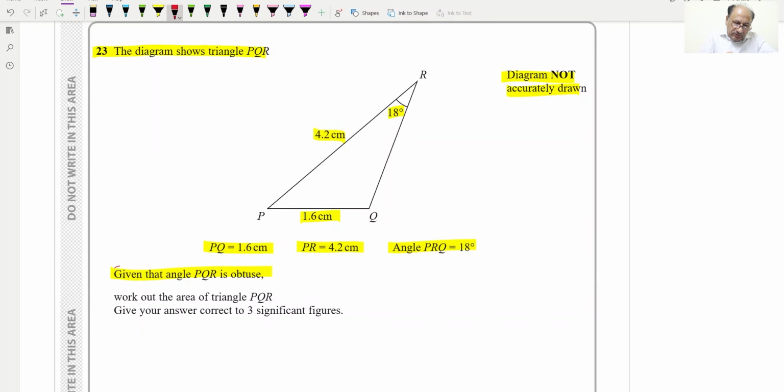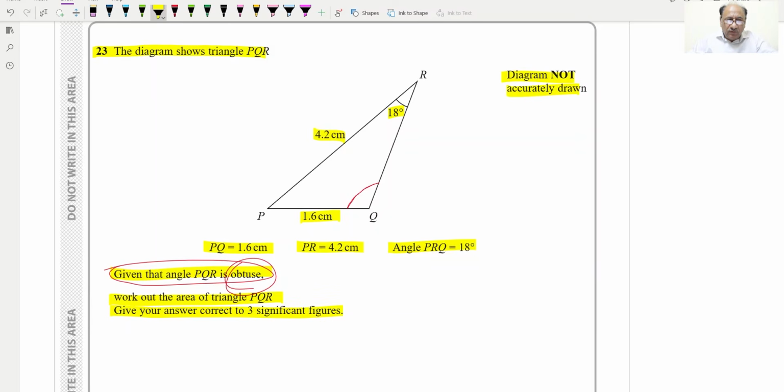This is basically the tricky point which they have added. So PQR is this angle, and they're saying this one is obtuse. Now work out the area of the triangle. Give your answer in 3 significant figures.